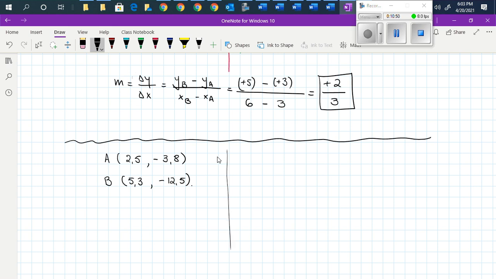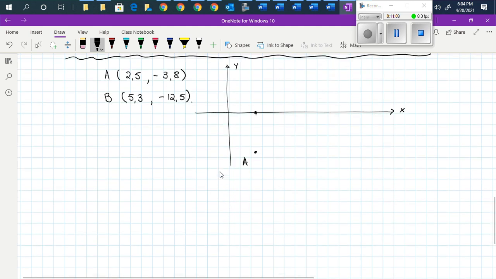Graphically, if this is the y-axis and this is the x-axis, we'll have point A at 2.5 somewhere in here and negative 3.8, and point B at 5.3 and negative 12.5.